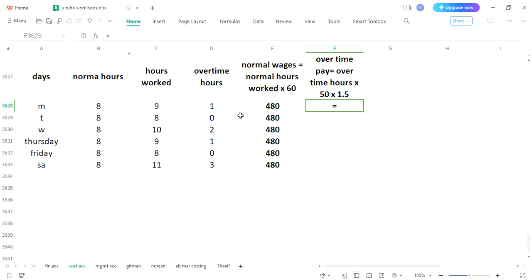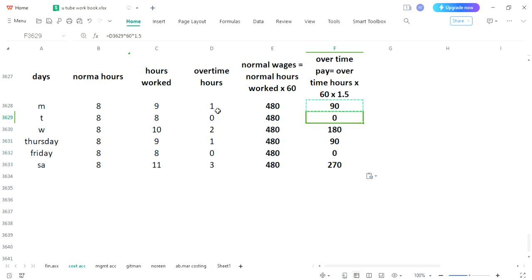How? Overtime is 1 and you need to multiply it with 60 per hour and then multiply by 1.5, which was given in your question. It is needed to change it. 60 was the per hour rate for Bashir. In a similar way, you will calculate the amount of overtime payment for the remaining days.